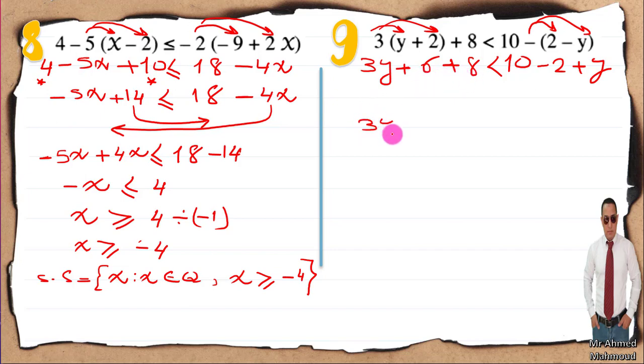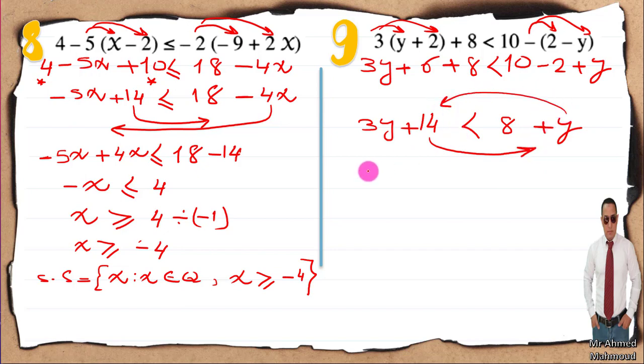So 3y plus 14 less than 10 minus 2 equals 8 plus y. Send 14 to the right side and y to the left side. So 3y minus y less than 8 minus 14. 3y minus 1y equals 2y, less than 8 minus 14 equals -6.